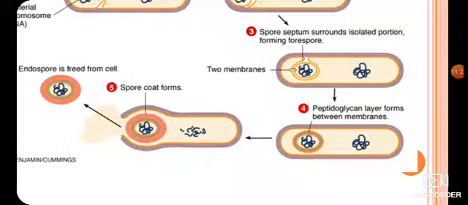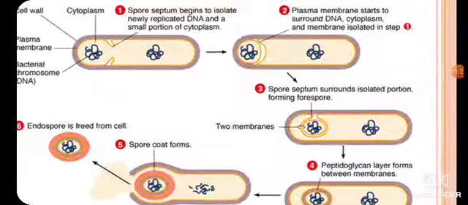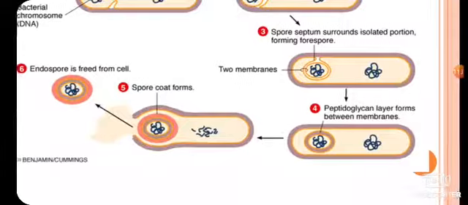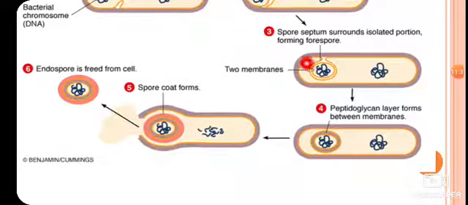Now we already discussed in the previous slide that spores have multiple layers. Okay, so in step number 2, step number 3, step number 4, we observed that multiple layers are formed, and the last external layer is the spore coat.